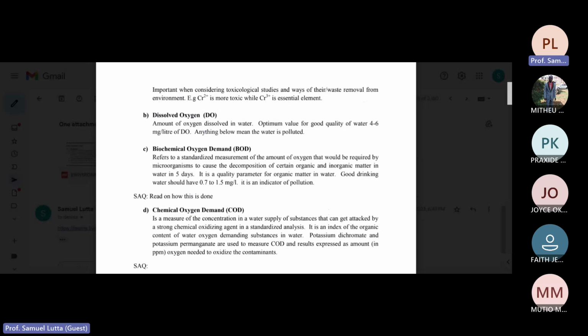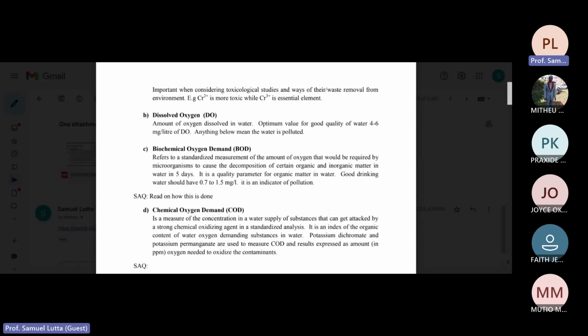Then we have now the chemical oxygen demand. Again, this one is also a measure of the amount of oxygen in the water. So this one is just a measure of the concentration of oxygen in the water supply, and it just tells us how much oxygen will be needed to oxidize chemicals in the water.